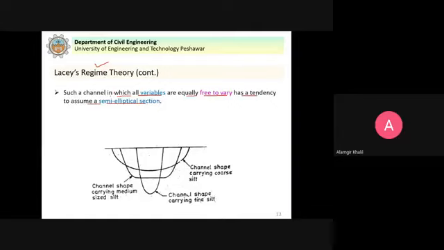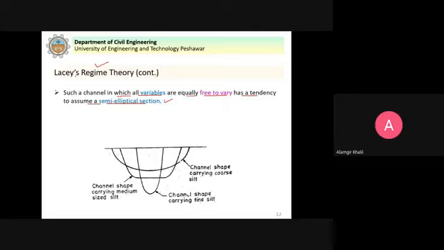This is because we have unlined channels, so there will be a tendency of silting and scouring. So in that context, such a channel in which all variables are equally free to vary has a tendency to assume a semi-elliptical section.